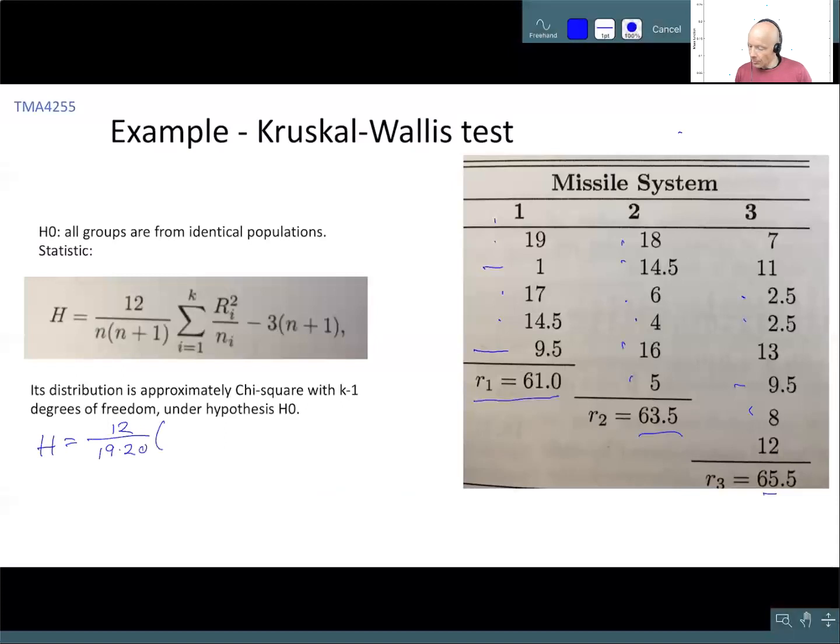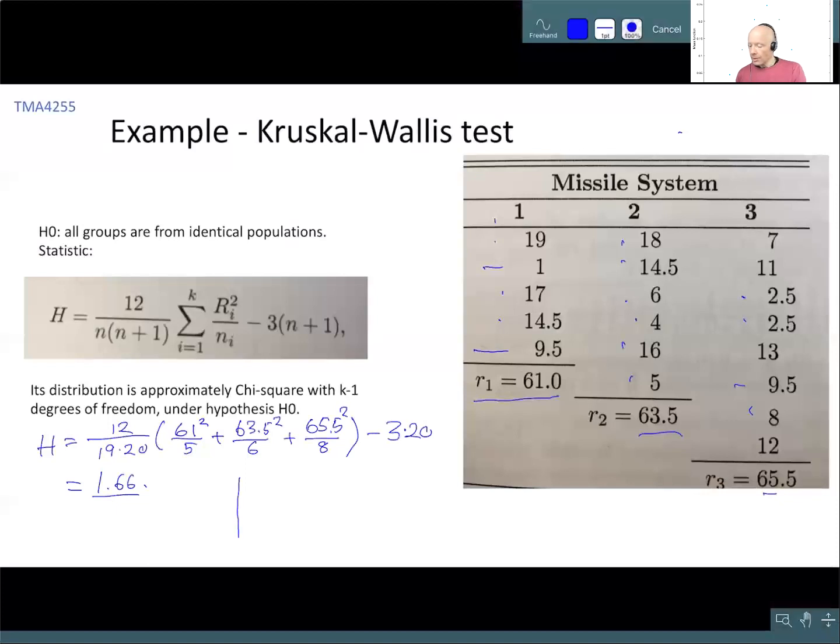And then in the sum, we get 61 squared over 5 plus 63.5 squared over 6 plus 65 and a half squared over 8. And then we have to subtract 3 times 20. I got 1.66 here, which is a small value.